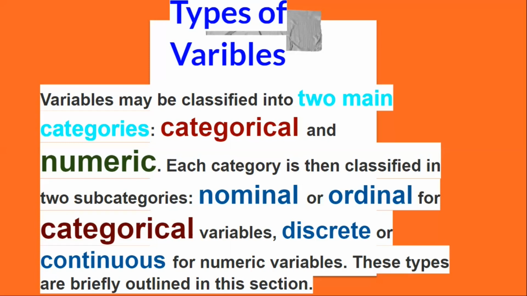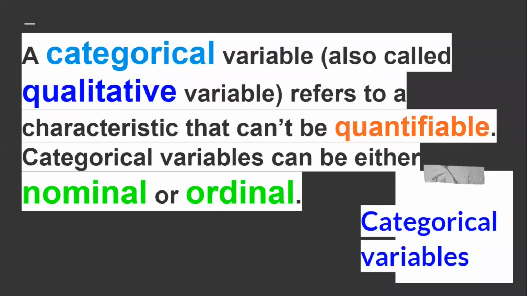These types are briefly outlined in the section that is coming. A categorical variable, also called a qualitative variable, refers to a characteristic that can't be quantified. The characteristic cannot be quantifiable; the non-quantifiable is what really characterizes a categorical variable.